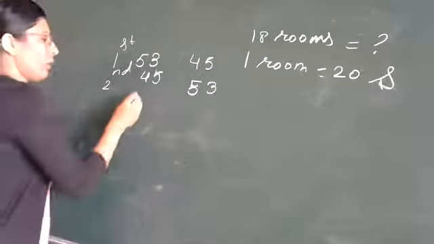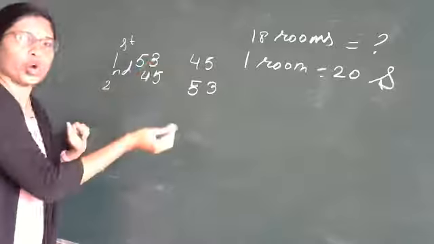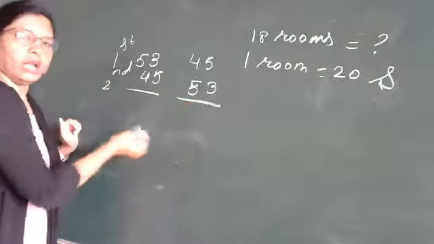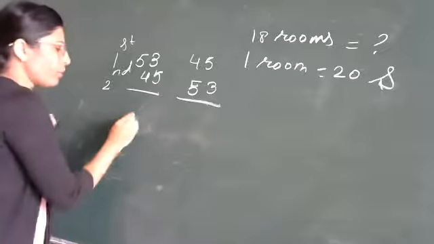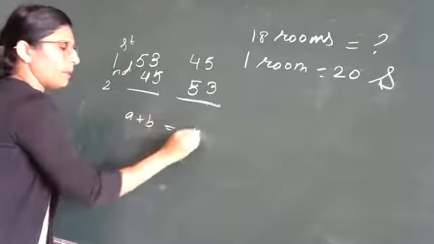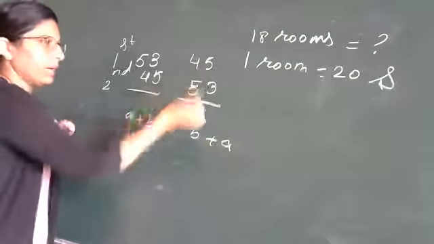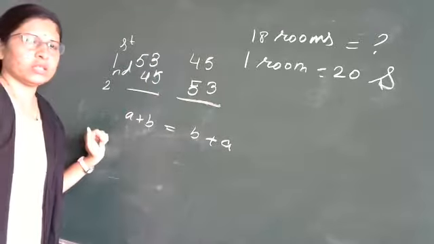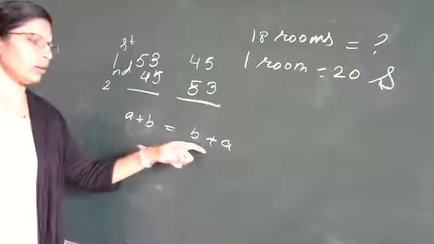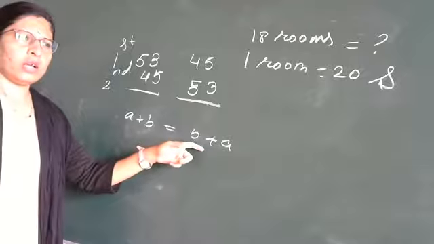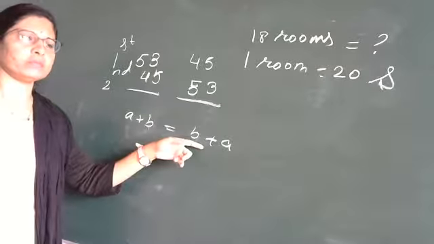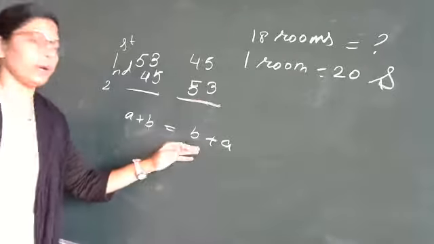We have to find the total of who scored more. 53 plus 45 and 45 plus 53. You will get the same answer. So which property? A plus B and B plus A. Same we are getting. Yes, commutative property of addition.